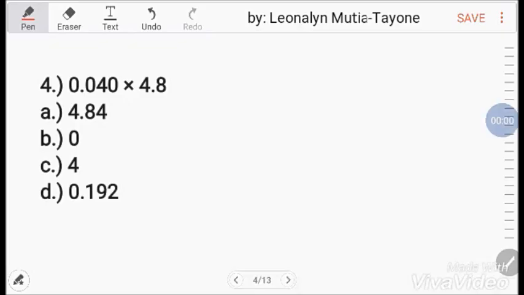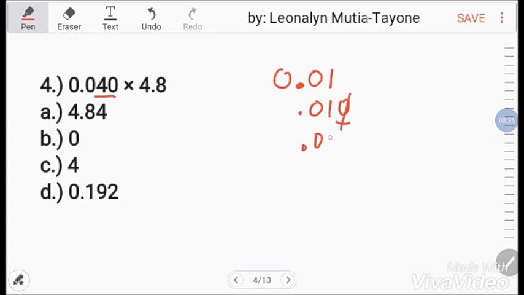Letter D. Number 4, 0.04 times 4.8. Itong akala nyo na 40 yan. Kapag ito ang decimal point, tapos ang to the right niya, like example, this is 0.01, tapos mayroon pang karugtong na 0, ito wala na tong halaga.